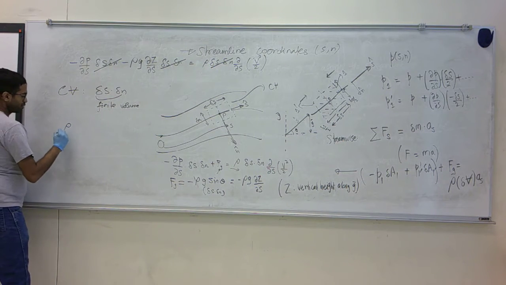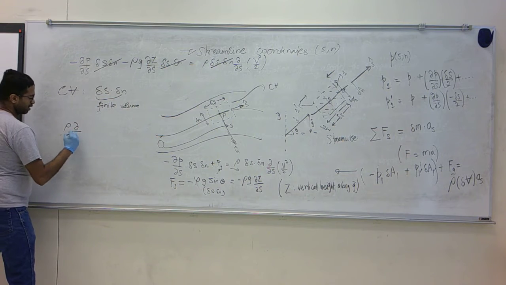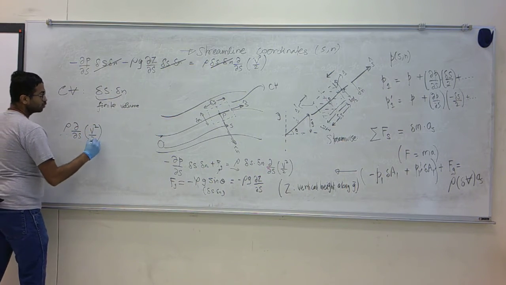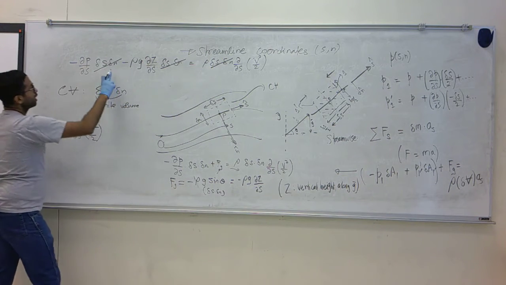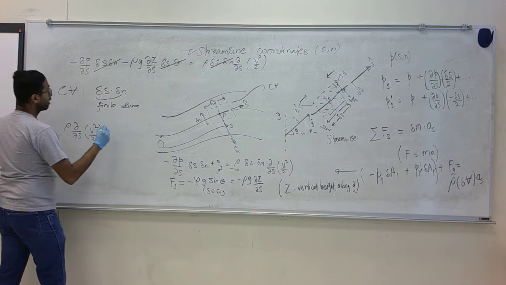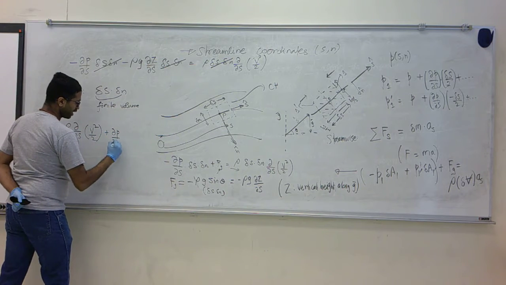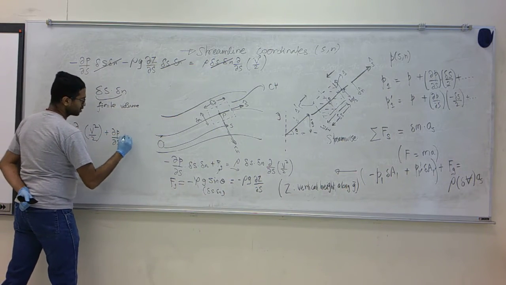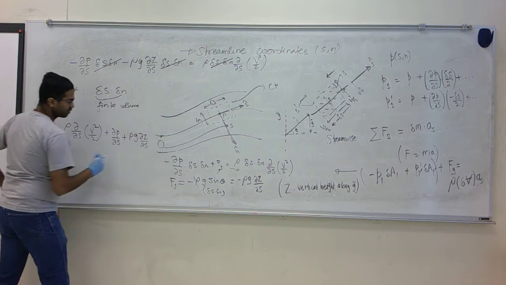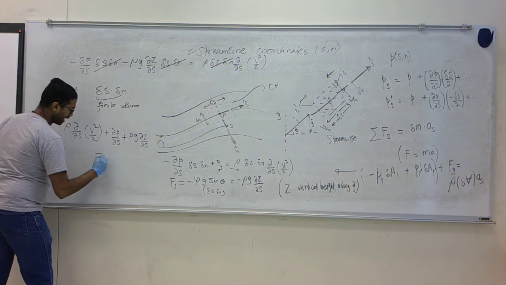I have rho times the derivative with respect to s of v squared over 2, that's here. I'll bring the other to that side, plus partial p over partial s plus rho g partial z over partial s, and all this should add up to 0.